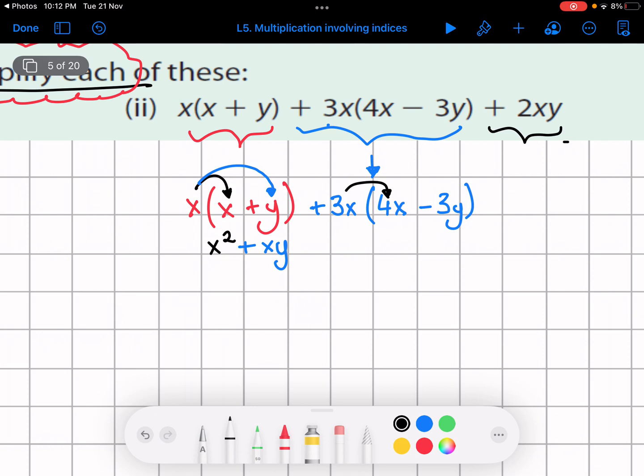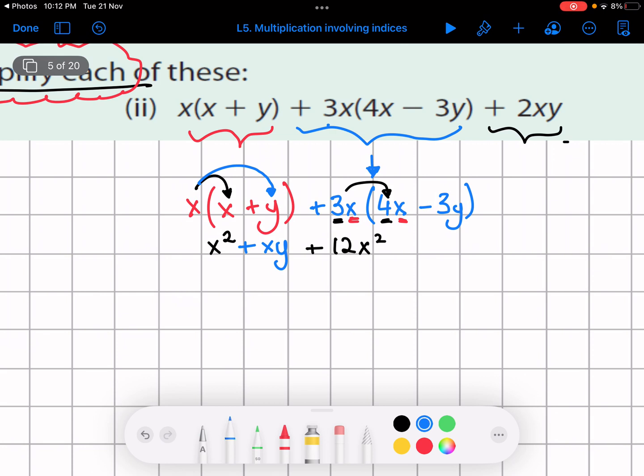So that would be plus 3x multiplied by 4x. 3 by 4 is 12. So we have plus 12. And x by x is x squared. So we get 12x squared.